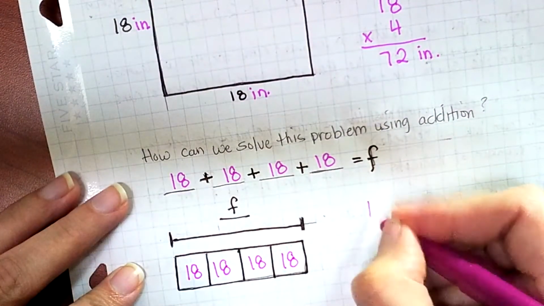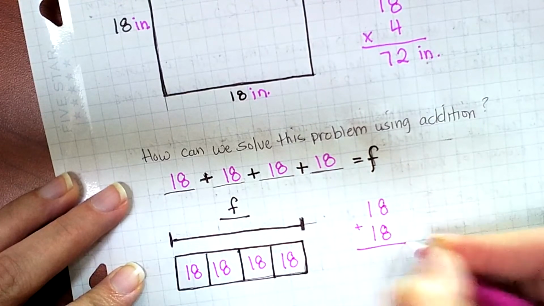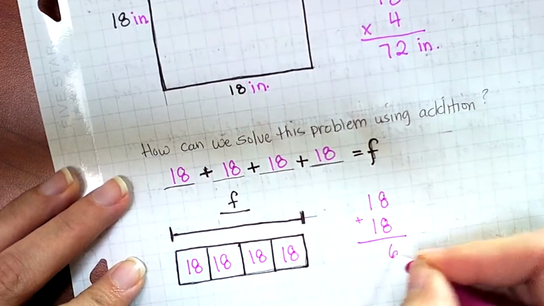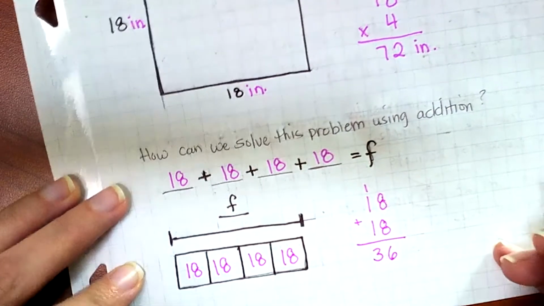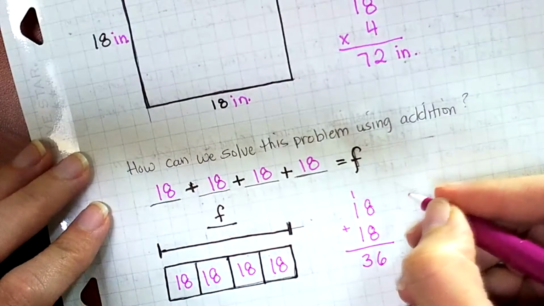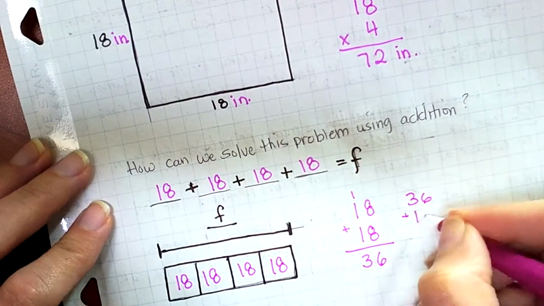And then we can stack and add. 18 plus 18, 8 and 8 is 16. Plus another, do 36 plus another group of 18.